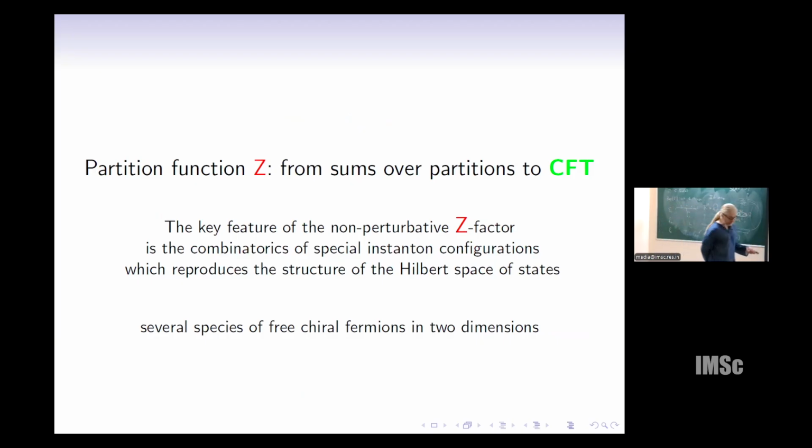Now, the combinatorics of those n-tuples of partitions can be mapped to the combinatorics of Hilbert spaces of states of chiral bosons or fermions in two dimensions.